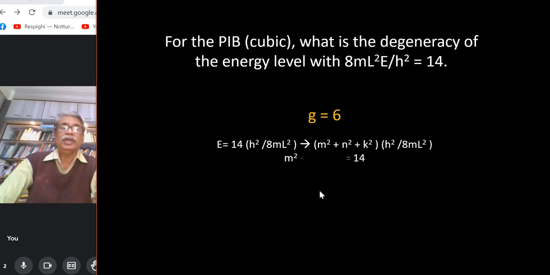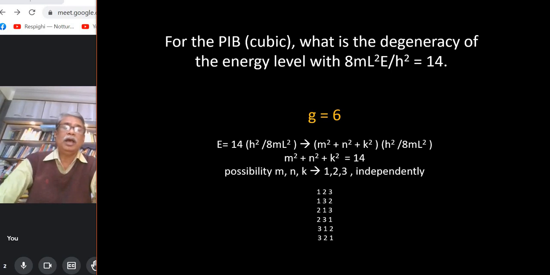Now you can check that this is possible if m, n, k are 1, 2, 3 independently. That means m can take any one of these 3 values. Similarly, n and k can take any one of the 3 values. So if you rearrange, 1, 2, 3; 1, 3, 2; 2, 1, 3, and so on, there are 6 possibilities.